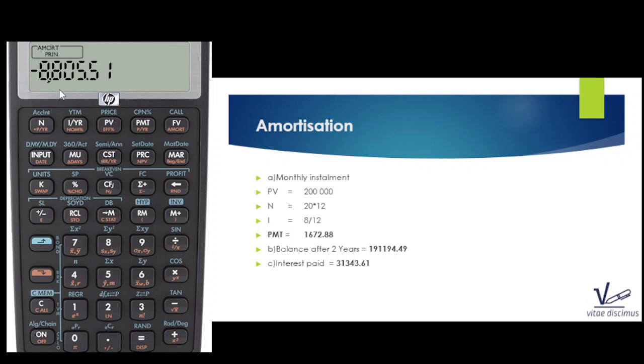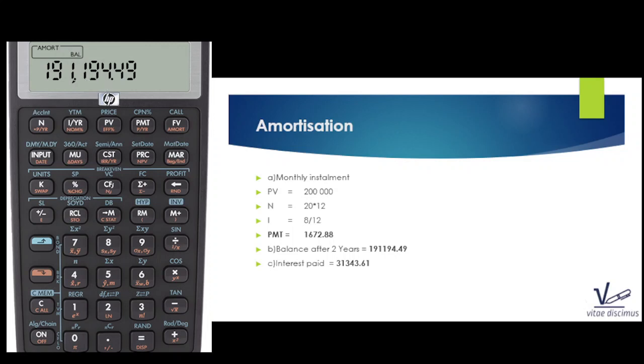The first equals shows us how much of your payments over that 24 month period have gone towards reducing the principal debt. It's only 8,800 that has gone towards that. Then the total interest you've paid for that period is 31,343. Then the remaining balance is 191,194.